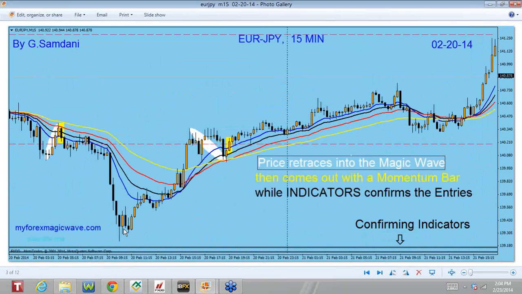This is called the threshold distance between this yellow line and this blue line. If it reaches more than a certain level, then we're not going to be taking shorts. And as soon as it crosses, then I would say the trend changes to the upside, and then if you see a setup, the EA is going to take that.